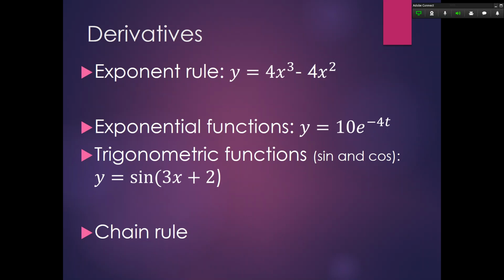So let's say you have f of g of x, and the derivative of this would be f of x times g prime of x plus f prime of x times g of x. Okay, you guys remember that? No? I'll send you guys a reminder.